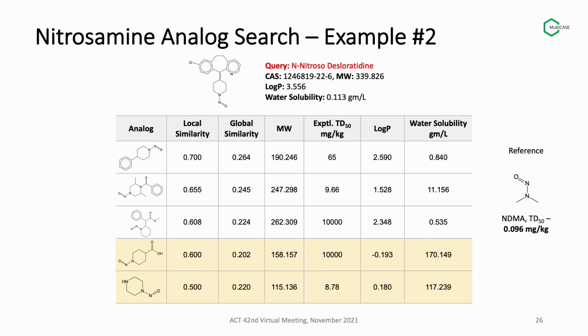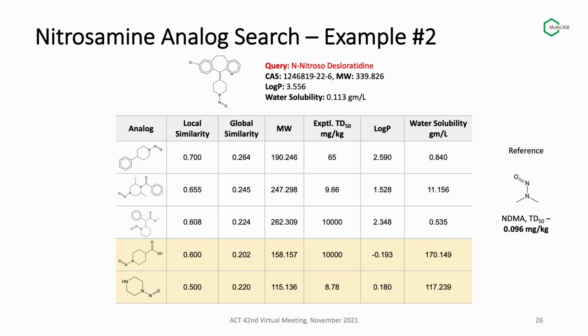So here the analogs are not as straightforward as the previous one, and as you can see, the local similarity values are lower, but still the technique was able to find analogs that maintained local similarity as far as the features around the nitrosamine functionality are concerned. At least the first three analogs have high similarity, more than 0.6, and the global similarity of course is lower because the query nitrosamine is much bigger as compared to the available analogs.